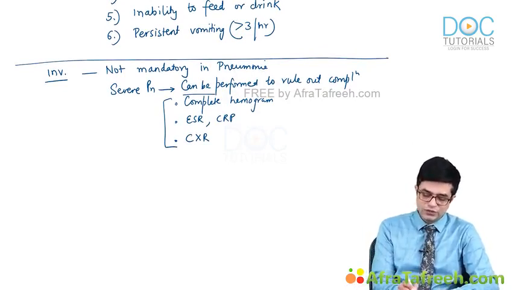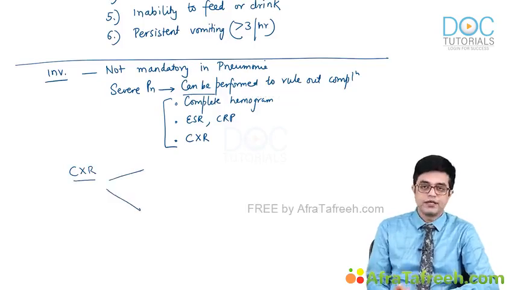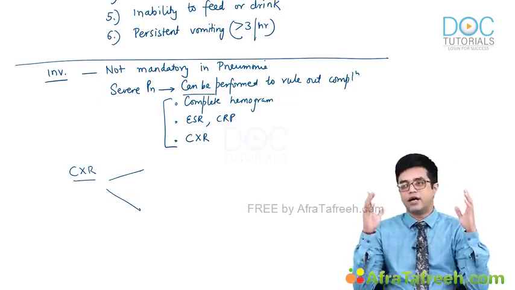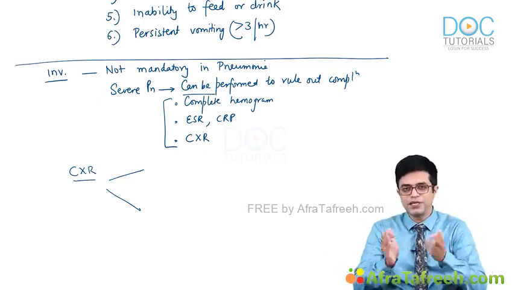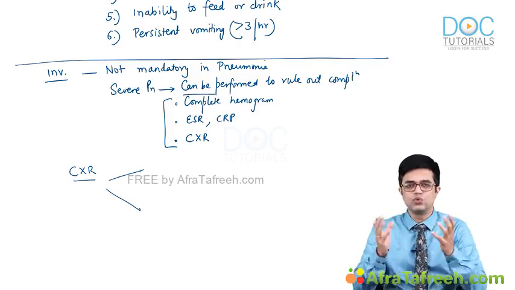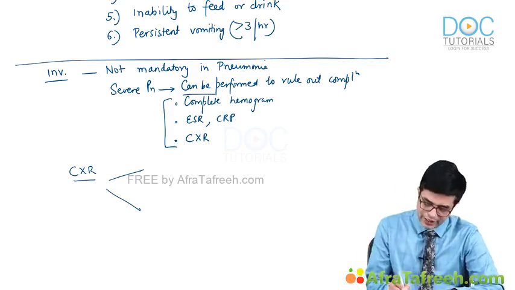Normally it is seen that when you do a chest X-ray, two types of patterns can be seen. Generally, there are 100 different kinds of patterns, but at your level, at MBBS or pre-PG level, you need to understand that broadly two types of patterns can be seen. You can have a pattern in which there is lobar consolidation.